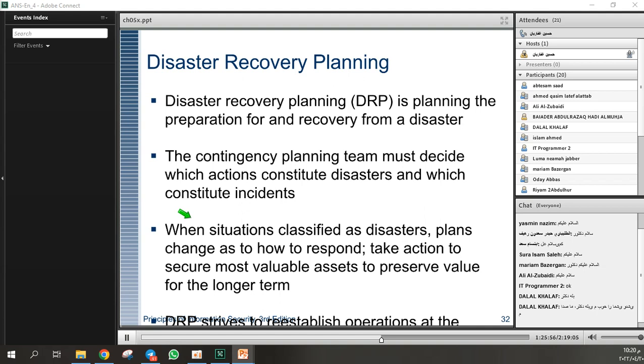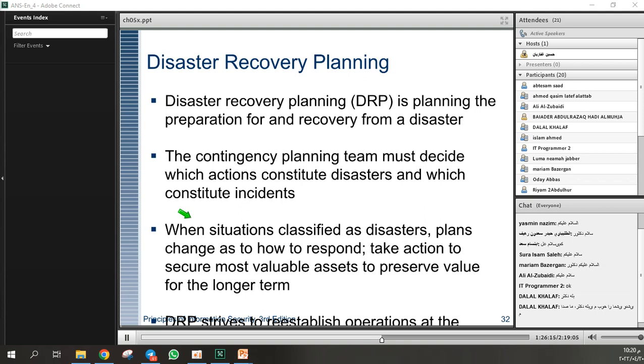For example, a flood. I cannot control a flood. I cannot control an earthquake, or stop an earthquake. I cannot stop an earthquake, a flood, a fire.